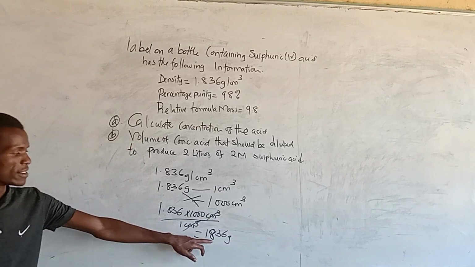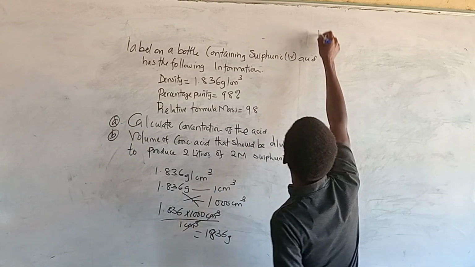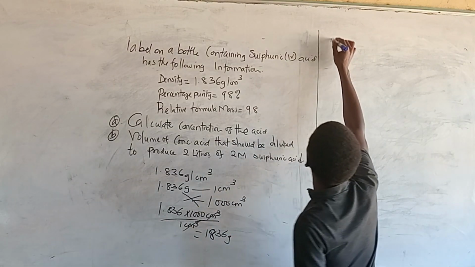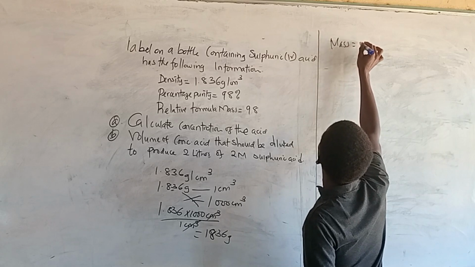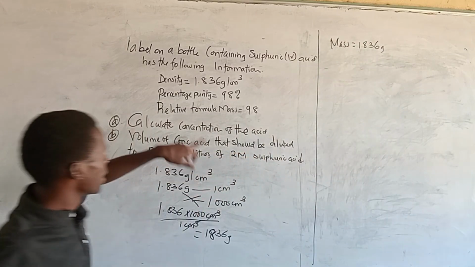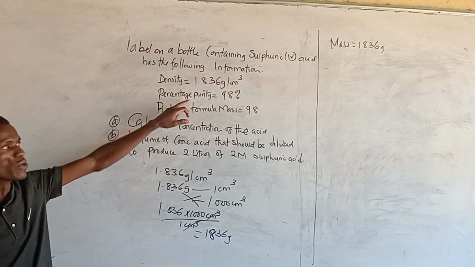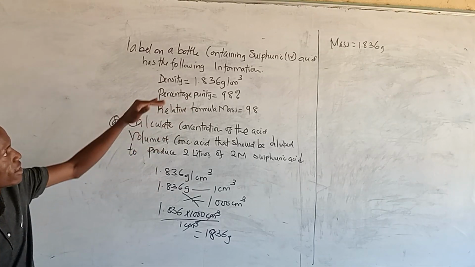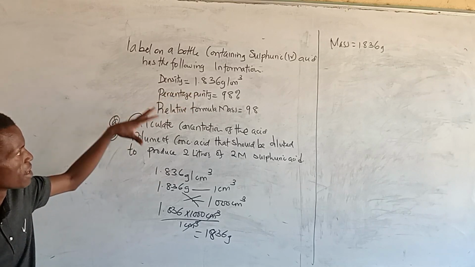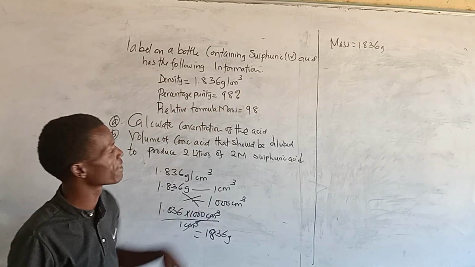So this is the mass, 1836 grams. Now, there is something else we are given, that is the percentage purity. Because in that sulfuric acid we may have some other impurities that will take the other 2%.